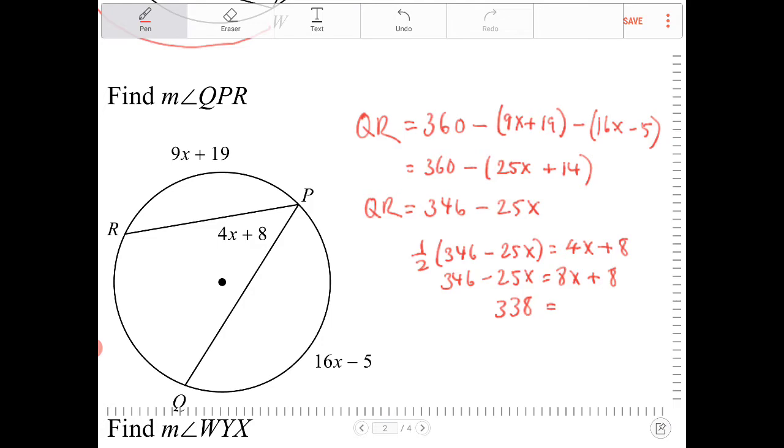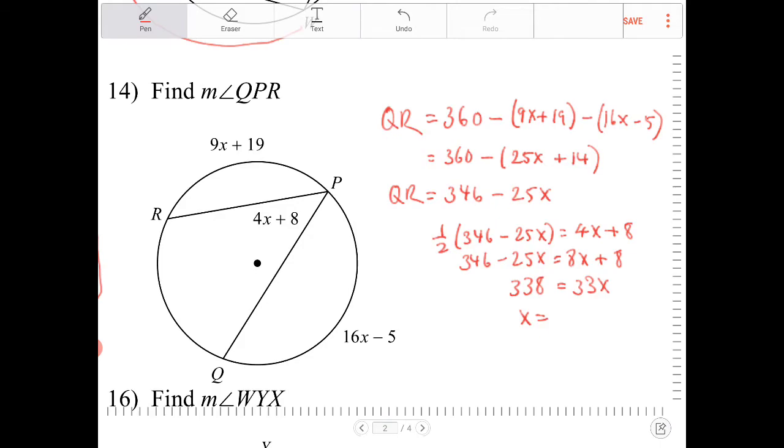Add 25 to both sides, I will get 33. And divide both sides by 33. What is that? That is definitely not an integer. So I'm just going to double check whether or not I got anything wrong here, just because usually these questions end up being an integer.